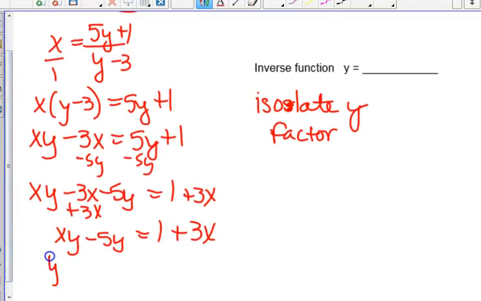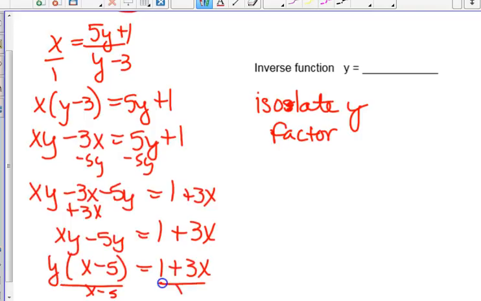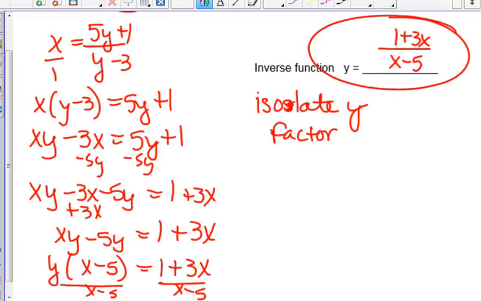Then I take out the y so that I have a y in only one place. Then I'm going to divide by this quantity. So the answer is y equals 1 plus 3x, or 3x plus 1, over x minus 5. Those are tricky.